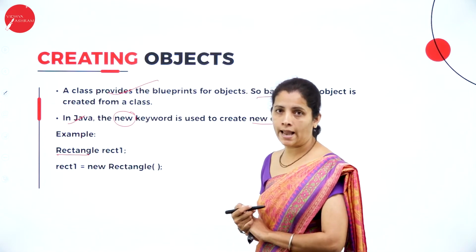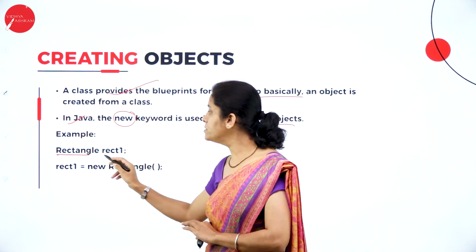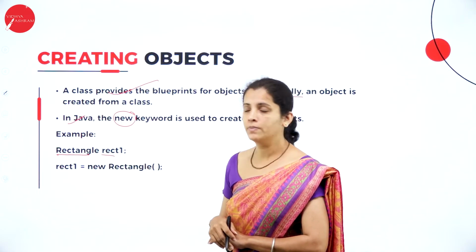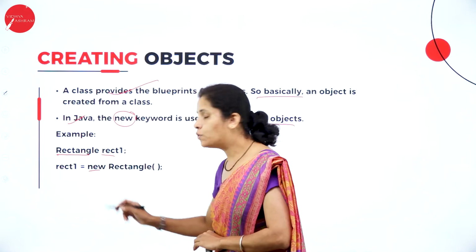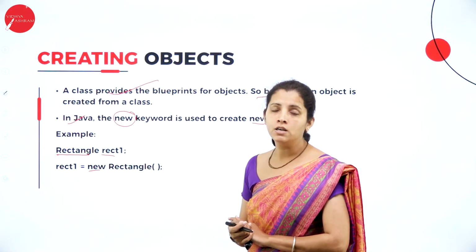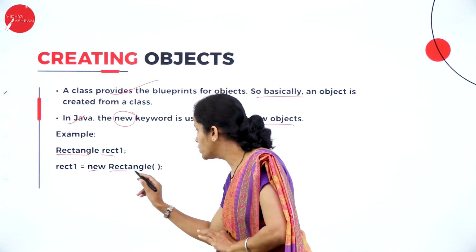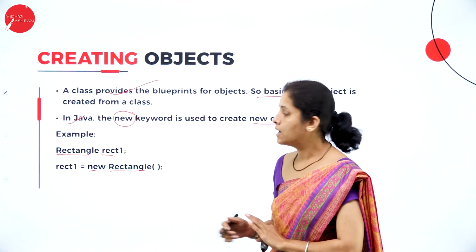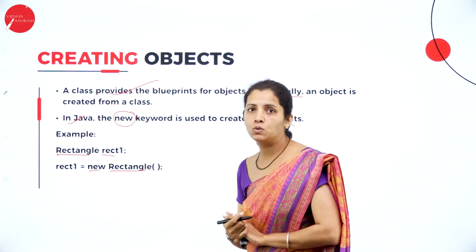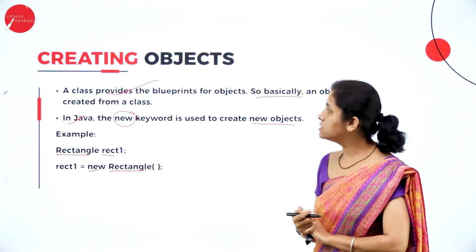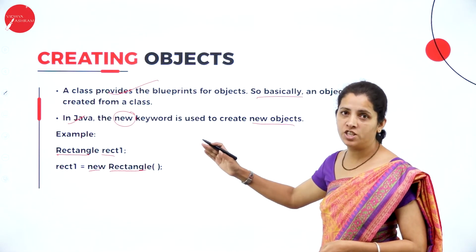That is Rectangle. And what is my object? That is rect1. I use the new keyword, then the class name, and the opening and closing parentheses. So this is the way I'm going to create the object.